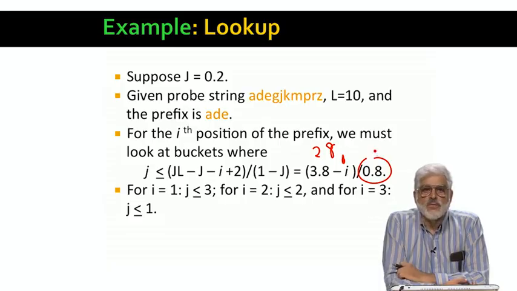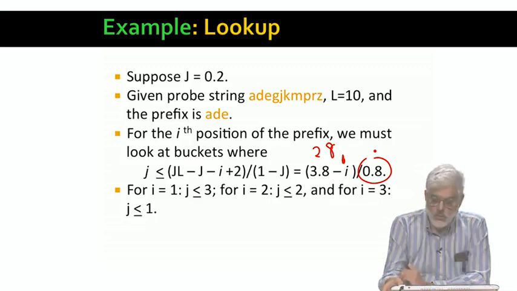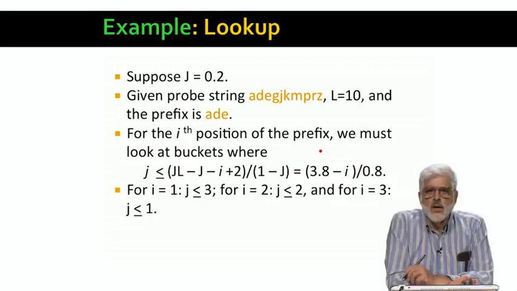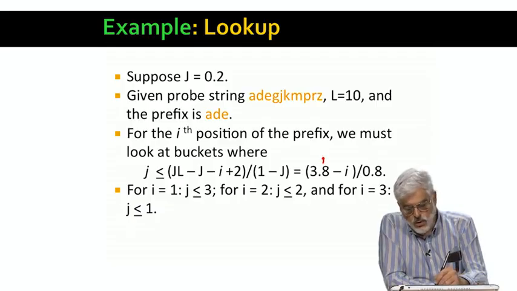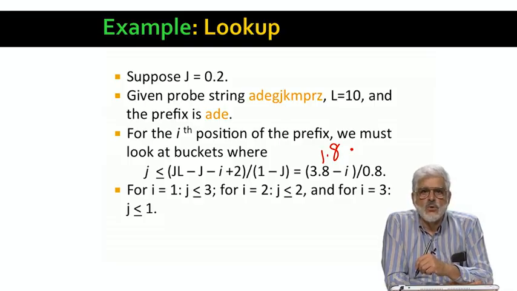That's 3.5, so J is equal to or less than 3. Okay. For I equals 2, we get 1.8 divided by 0.8, or 2.25.